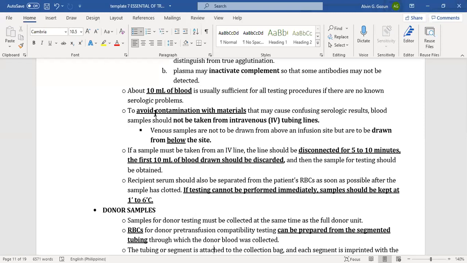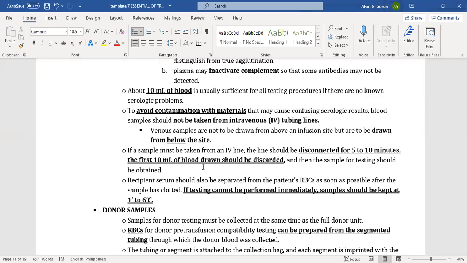Next, let's proceed. To avoid contamination with IV materials, alam nyo na yan, di ba? Venous samples are not to be withdrawn from above an infusion site, but are to be drawn from below the site. If a sample must be taken from an IV line, kasi meron siyang swero, the line should be disconnected for 5 to 10 minutes.